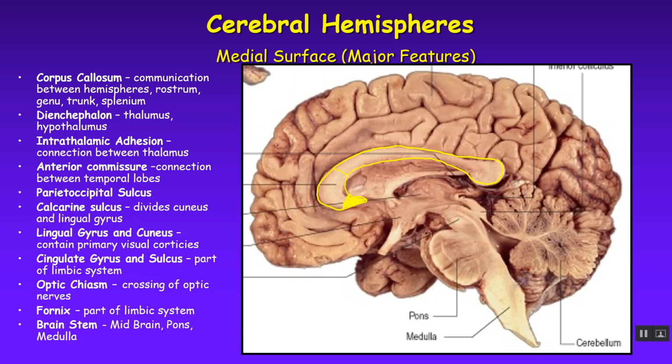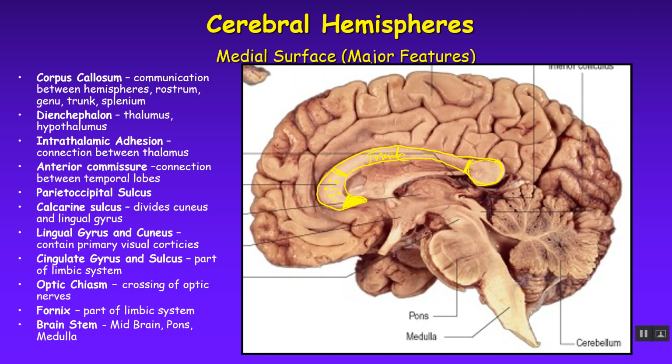So it's really this structure right in here. That's the genu of the corpus callosum. Then this more straight region here is called the trunk. Then this rounder, bulbous structure at the back is called the splenium of the corpus callosum.